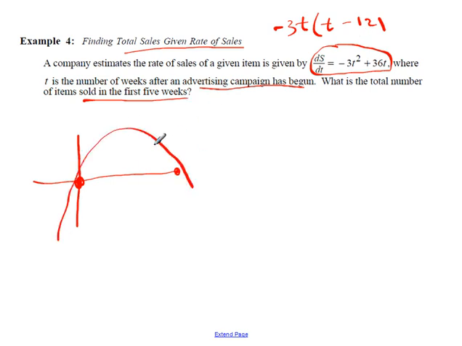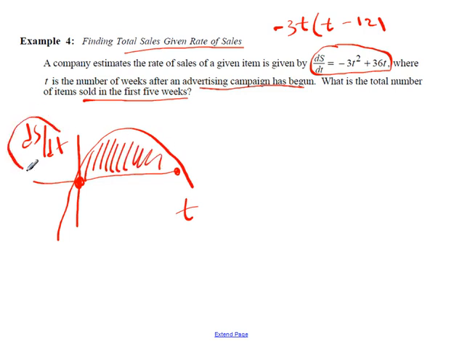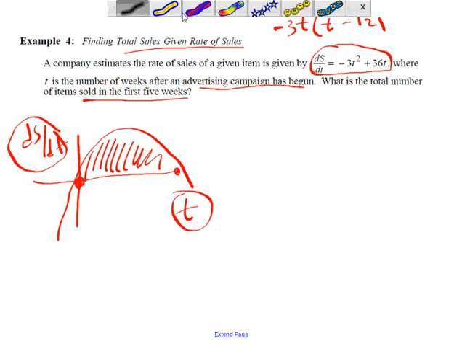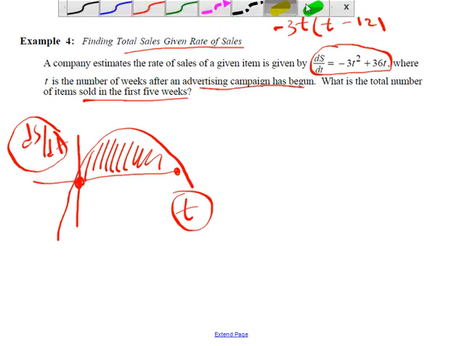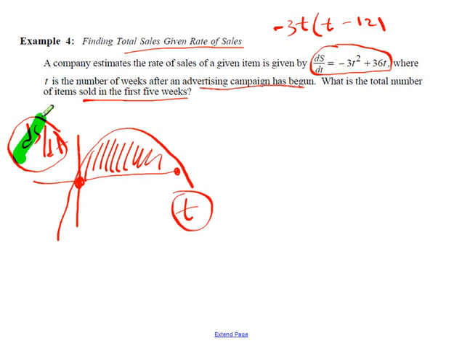So this is my derivative, dS/dt. And if we want to know the total number of items sold in the first 5 weeks, it is this area. So if we look at the change of sales with respect to time times time, the resultant is just dS, or the change in sales.